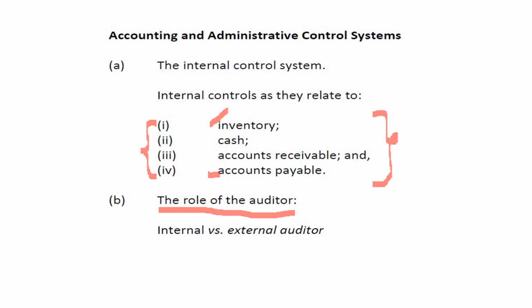Okay, so make sure you are armed with some good examples for these here, and you can find them in your textbook. Any textbook should have a section on internal controls. Okay, let's take a look at the next topic.